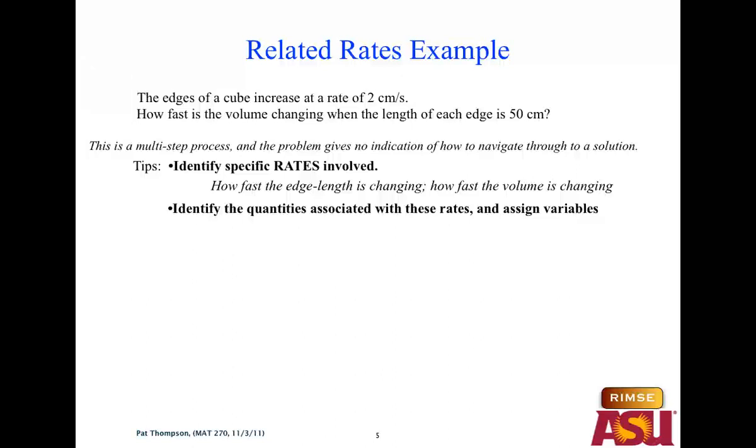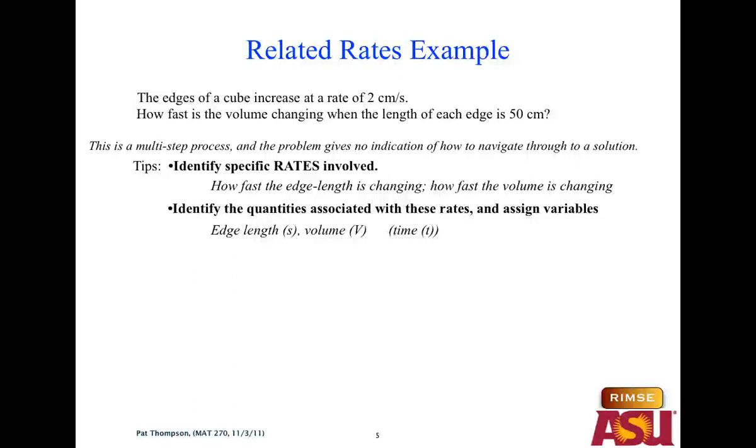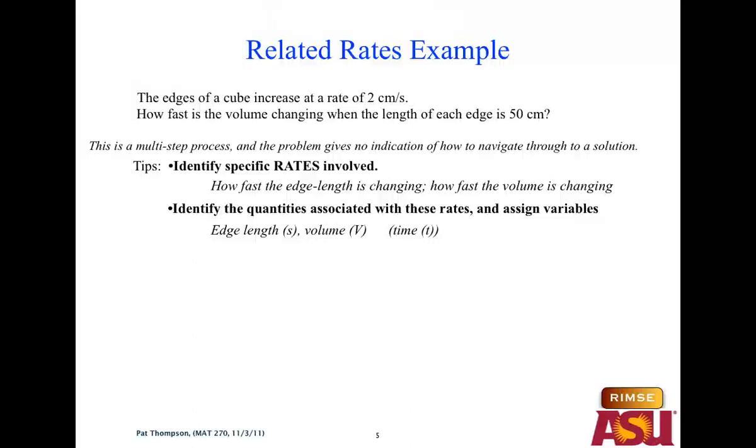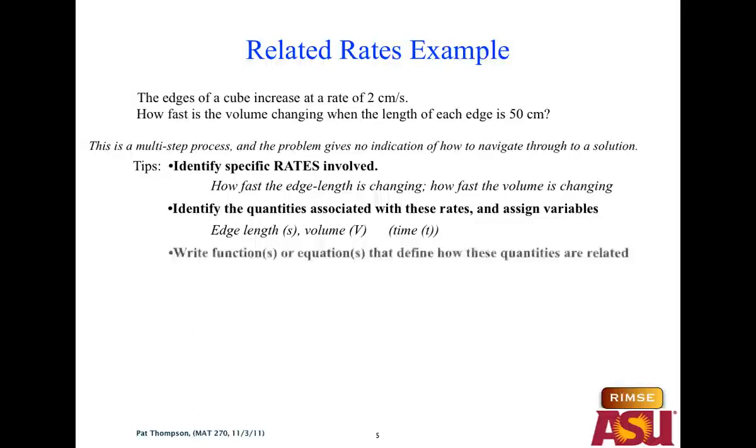Edge length. And for the rate of change of volume, the quantity is volume. This is like the easiest step. So let's call edge length s, volume V, and time t. And so what do we need? We need a function or equation that brings those quantities together, because that's the source of how we're going to get the relationship of the rates.